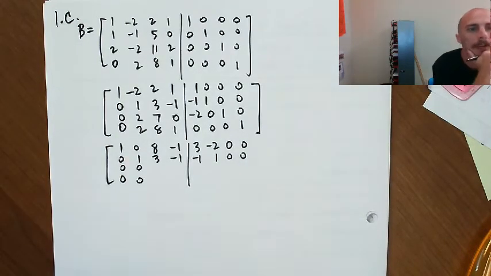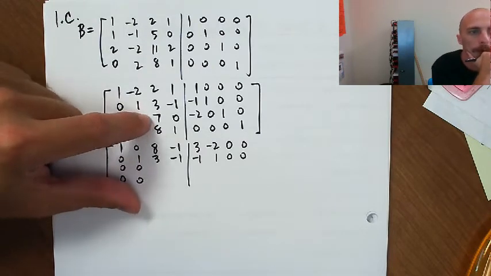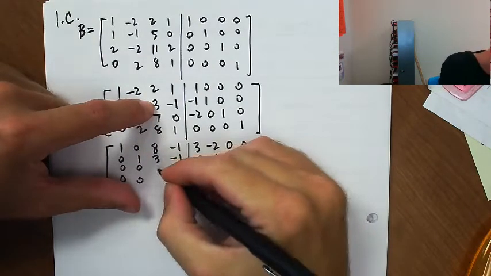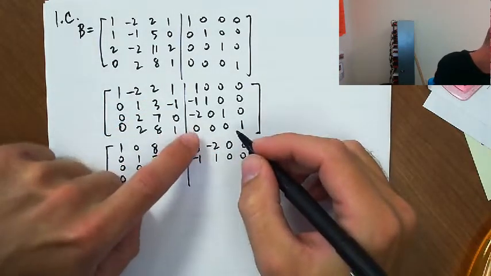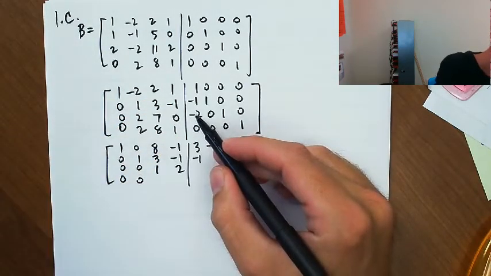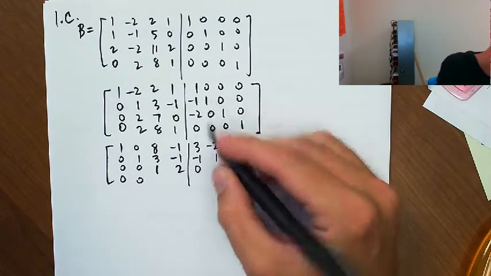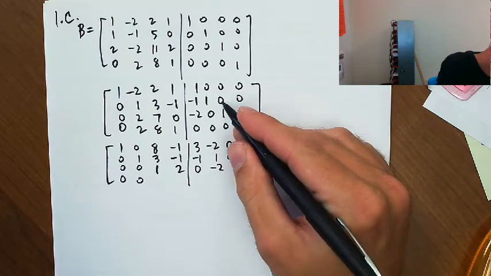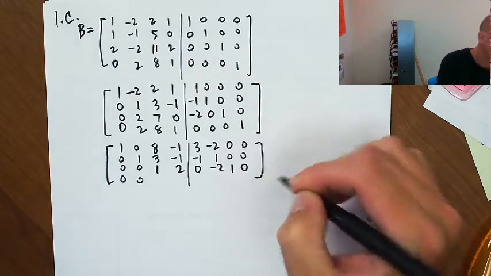Okay, row 3, I needed to subtract 2 row 2s. So 2 minus 2 is 0. 7 minus 6, that's going to be 1. That's convenient. 0 minus negative 2. That's also going to go 0, because I'm subtracting 2 of this, subtracting 2 of that, and subtracting 2 of these, which will just not change.